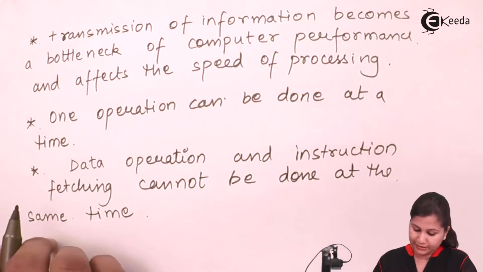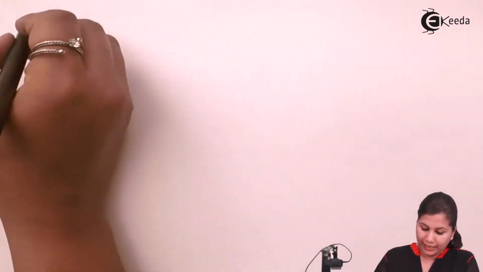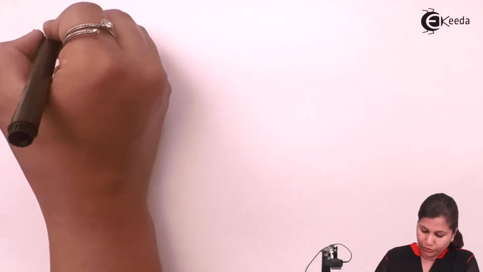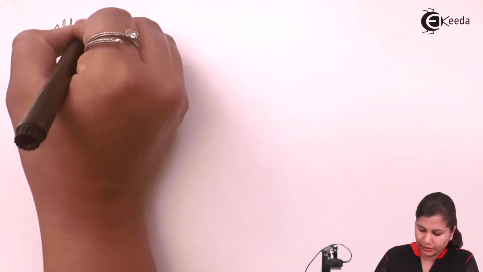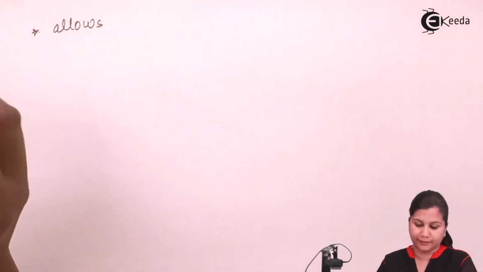This von Neumann architecture supports simple hardware and the use of a single sequential memory. Single means only one memory is there for the data and instruction, and sequential means that in a sequence either the data or instruction will be transferred to the processor.